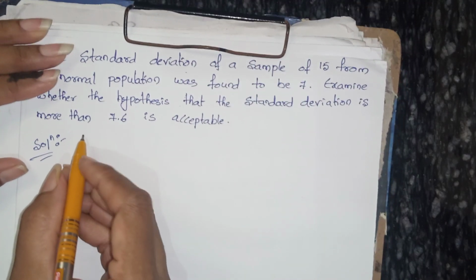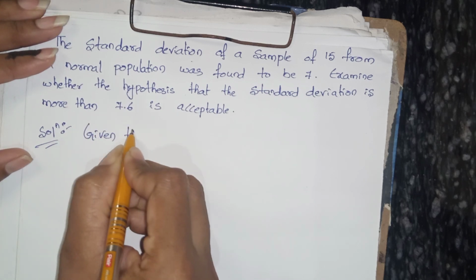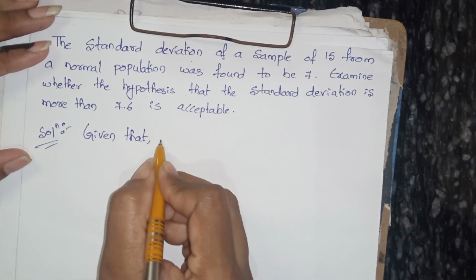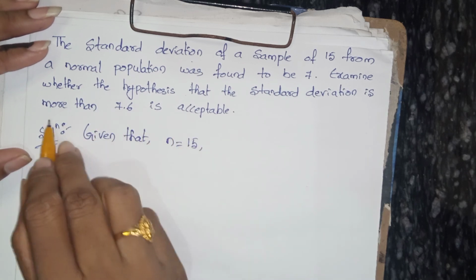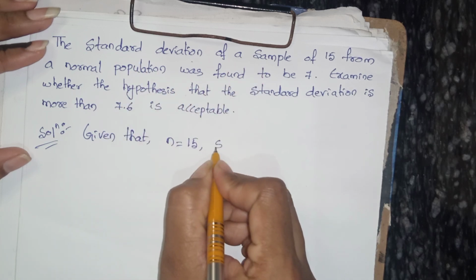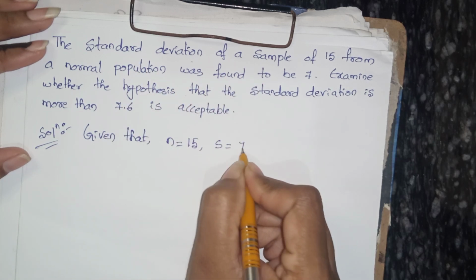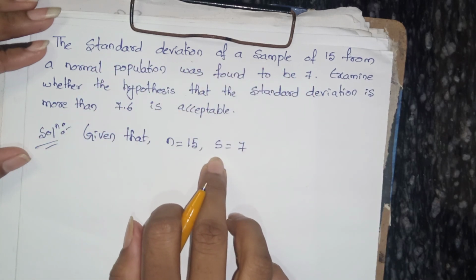Given that n equals 15, and here it is the sample standard deviation, so that's why it is denoted as s equals 7.